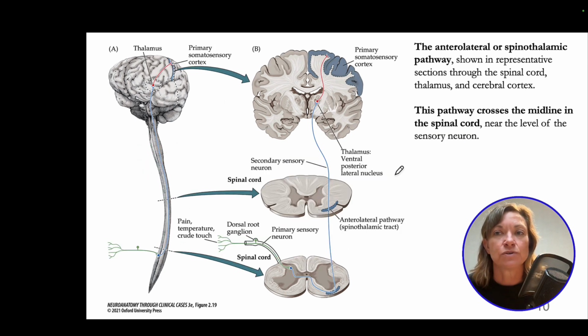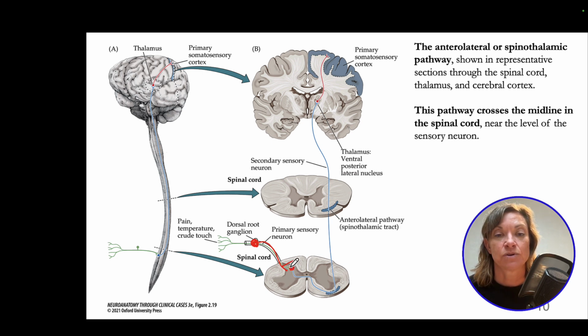The anterolateral or spinothalamic system follows the same general scheme with primary and secondary neurons, but those neurons originate in different places. So we here have our receptor leading into a primary sensory neuron in the DRG, or dorsal root ganglion. That synapses typically on a second order neuron in the spinal cord.